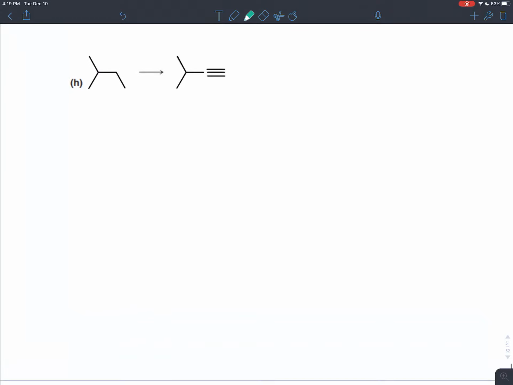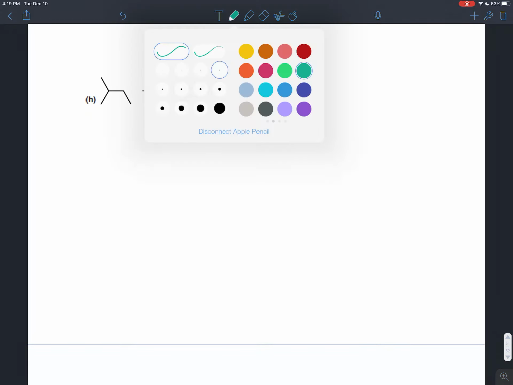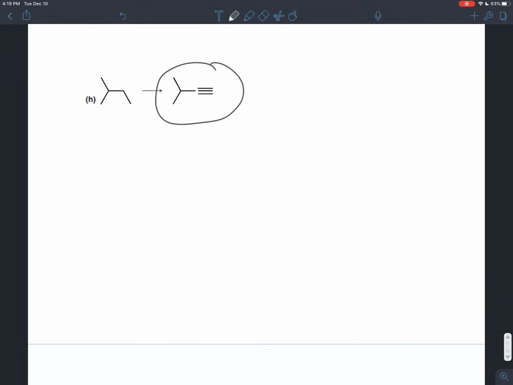Okay, last but not least, H. So again, we're going to work backwards. Here we have an alkyne. How do we know to make an alkyne? We could make an alkyne from any dihaloalkane. We just do 2 elimination reactions.